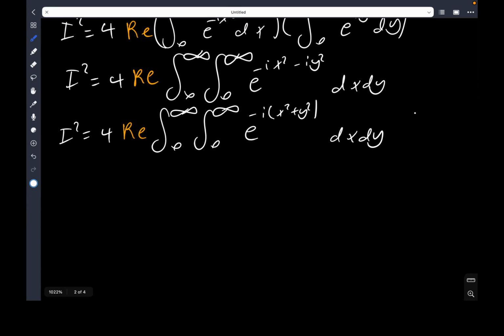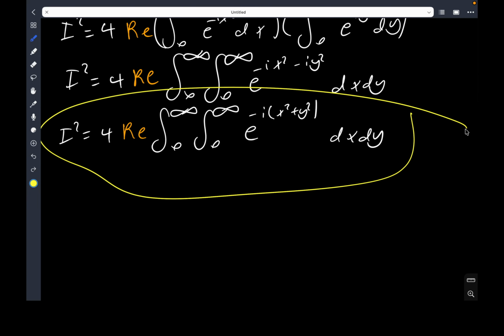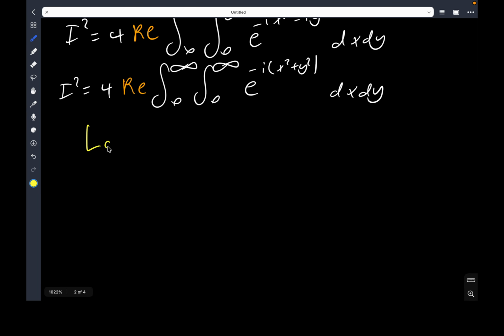Now we cannot proceed further here without using polar coordinates, but there is actually a way to solve this integral without polar coordinates, with Laplace's method.